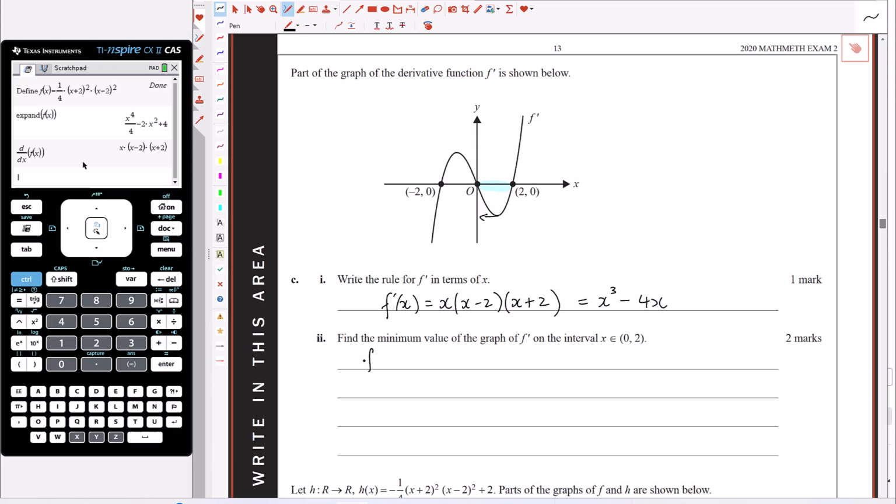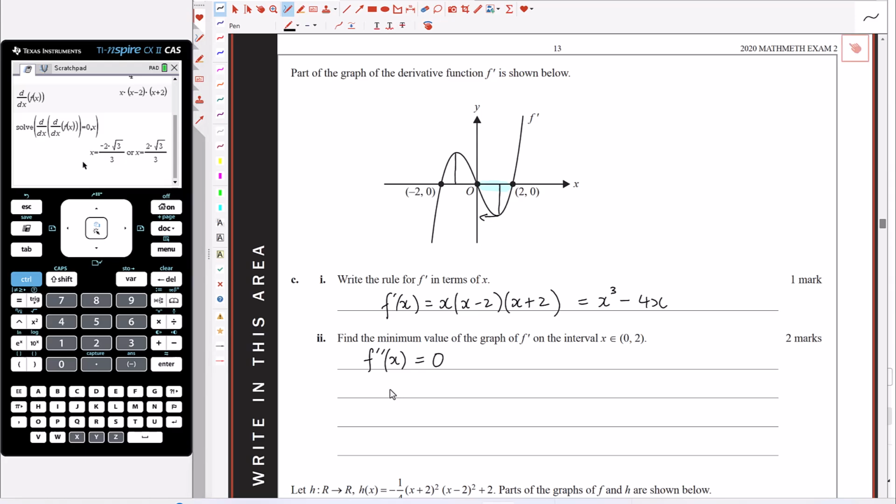So we're going to want to differentiate the derivative and solve that, and that's going to give me these x values here. Okay, so I'm going to solve the derivative with respect to x of the derivative equal to 0 for x.